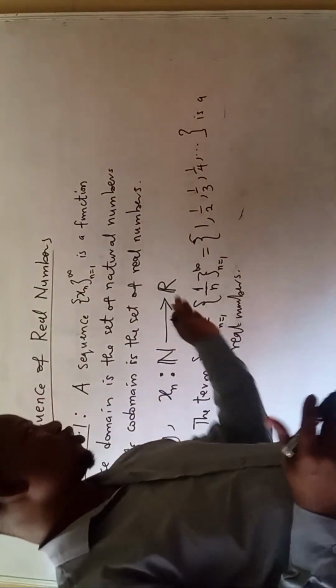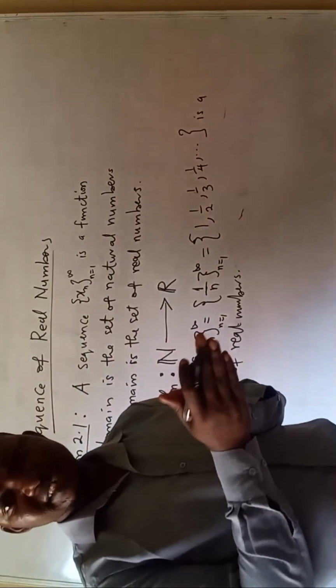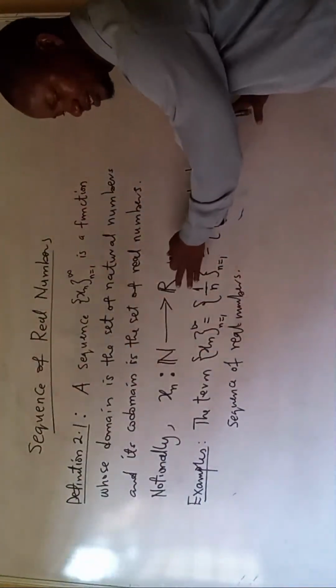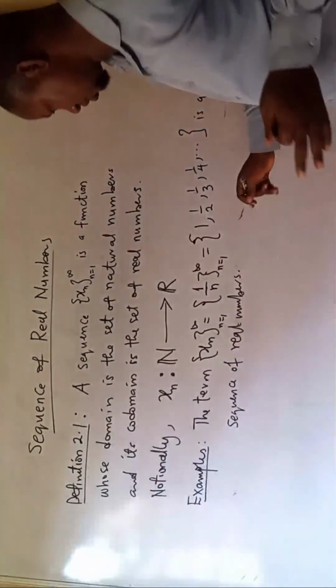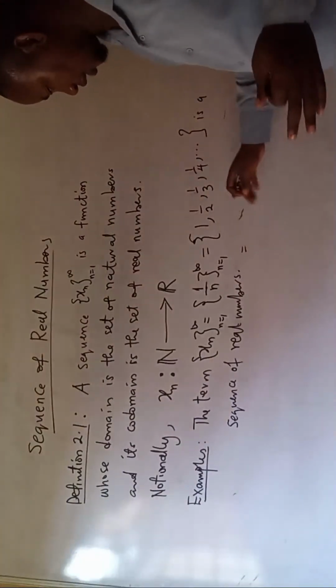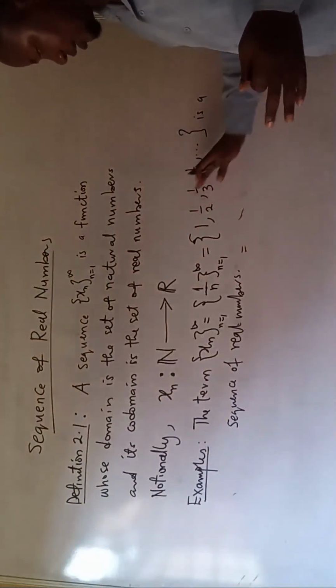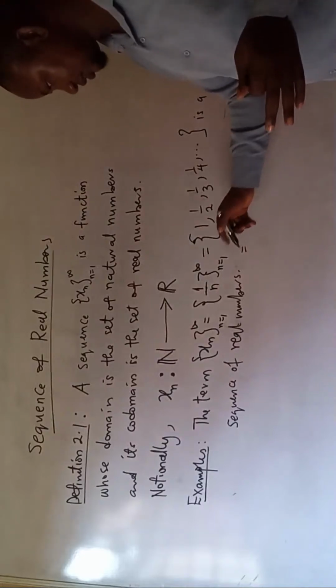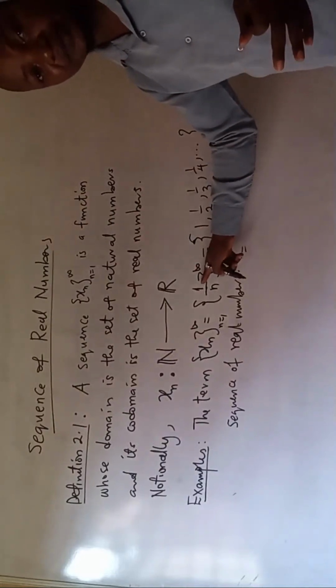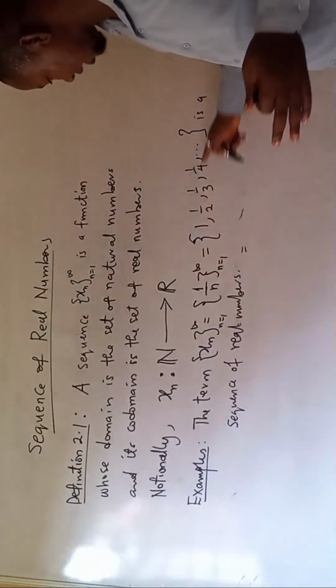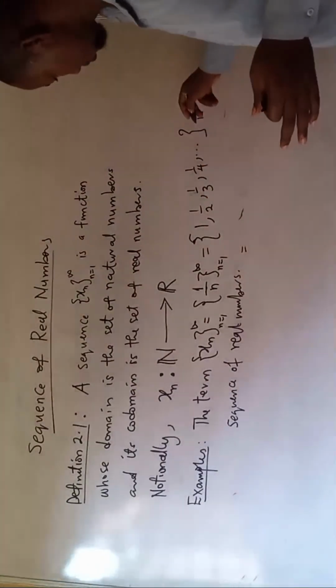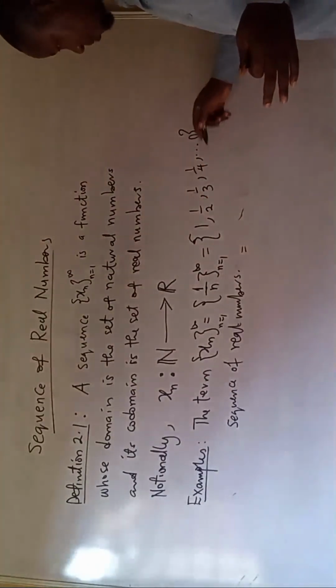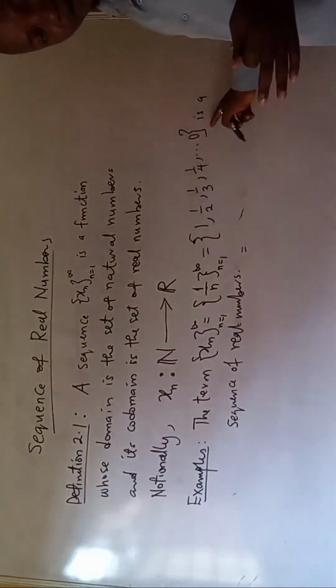But just to see that the entire set of numbers here, if we write all of them, as n goes to infinity, the last number is going to be 0.